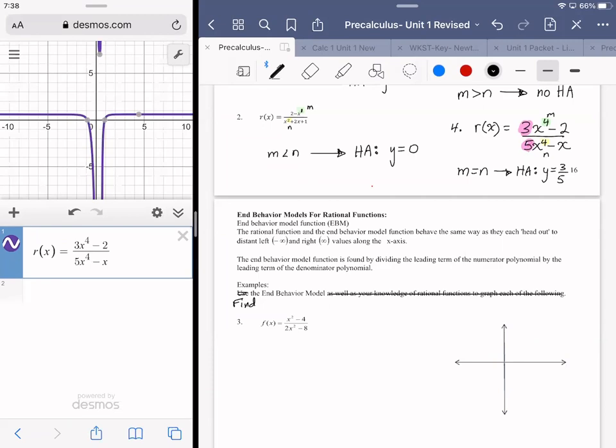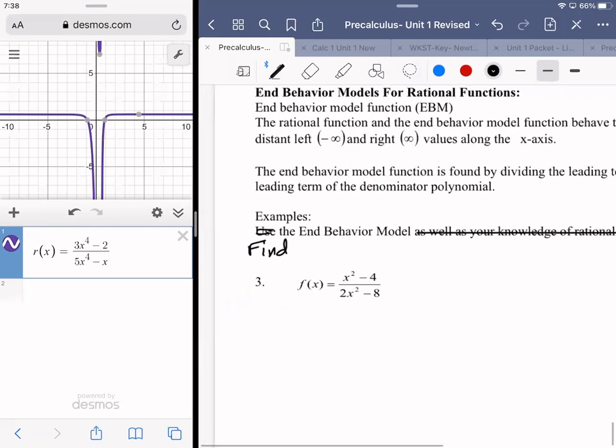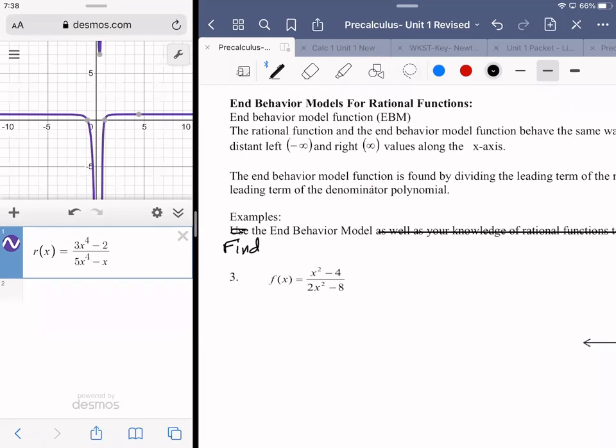The way you get the end behavior model is you take the term with the highest power on the top of a fraction and divide it by the term with the highest power on the bottom of the fraction.